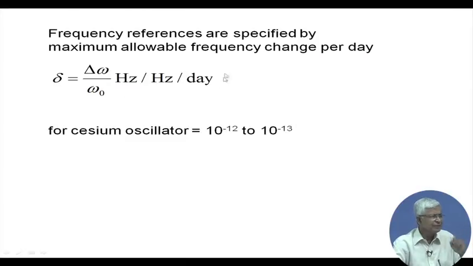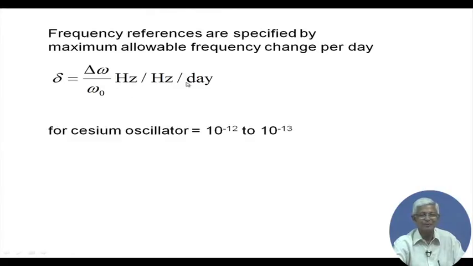Now the frequency references are specified by the maximum allowed frequency change per day with respect to the nominal frequency. So let us call it a small delta. Small delta is delta omega by omega naught, the allowable change of frequency with respect to nominal frequency, and it is change per day.